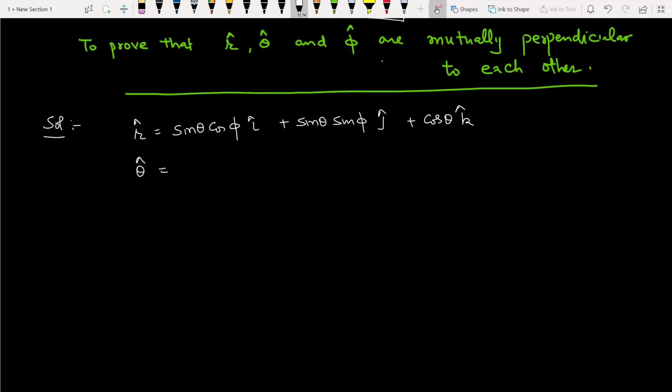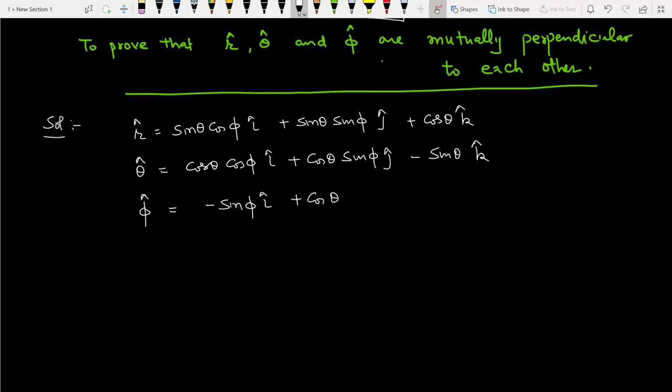Theta cap as cos theta cos phi I cap plus cos theta sin phi j cap minus sin theta k cap. Phi cap as minus sin phi I cap plus cos phi j cap. So now these are the three spherical polar unit vectors, and we are to prove that they are perpendicular to each other.